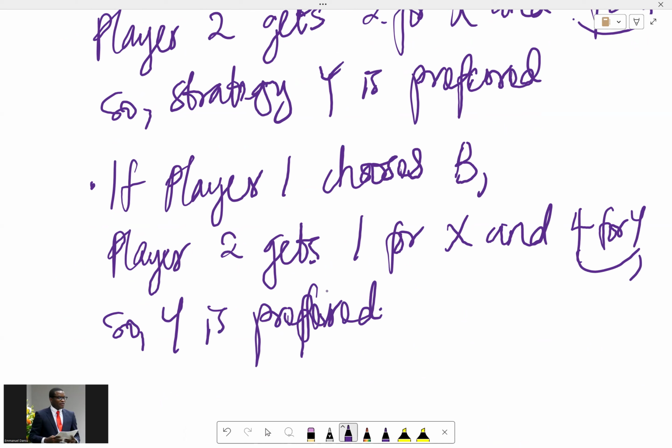Okay. So how do we get the Nash equilibrium now? A Nash equilibrium occurs when both players choose strategies that are best responses to each other's choices.